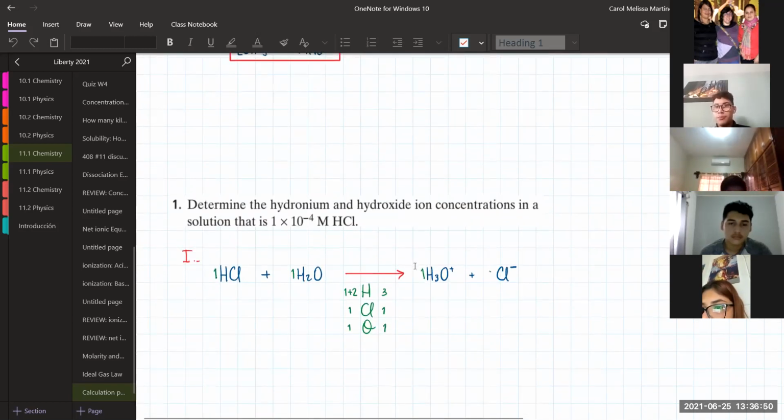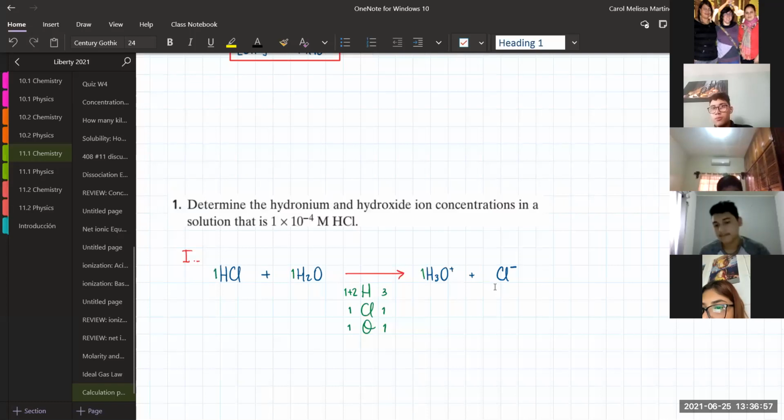Because we are ionizing the acid, we're going to obtain the ions that make up the acid. In this case, the ion is chloride ion, not chlorine as an element. So we write the ion with a coefficient of 1. As you can see, it's already balanced, so the molar relationships are going to be 1 mole in all.